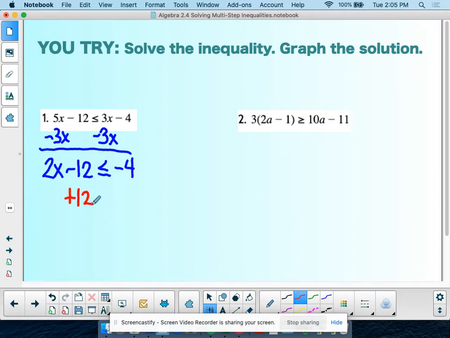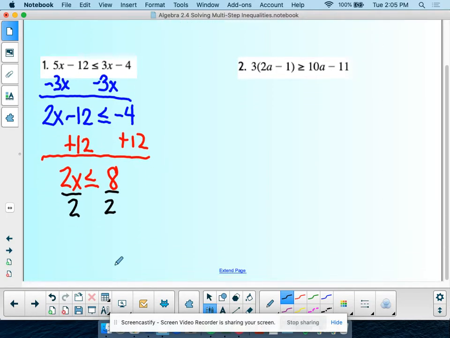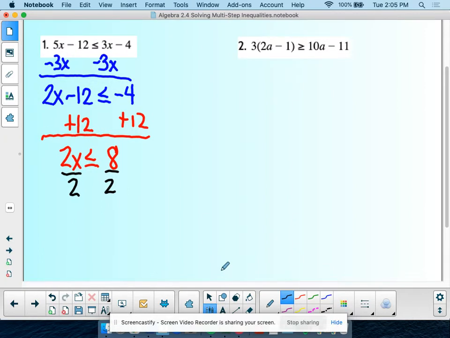It's plus 12. 2x less than or equal to, not negative 4 anymore, but if we add negative 4 plus 12, that should be 8. Then our last step will be to divide. 8 divided by 2 should give us 4.